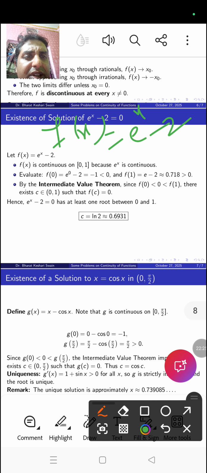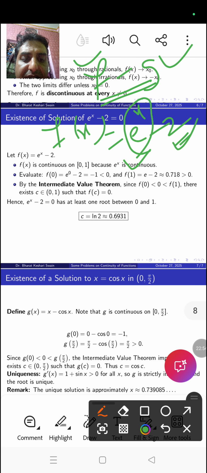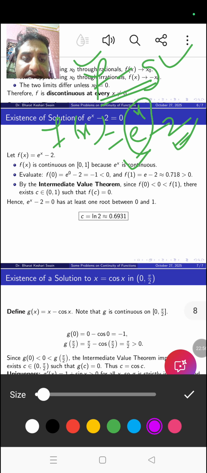We know that e to the power x, an exponential function, is always continuous, and minus 2 is a constant. If f and g are continuous, then f minus g is also continuous. So the given function e to the power x minus 2 is continuous.